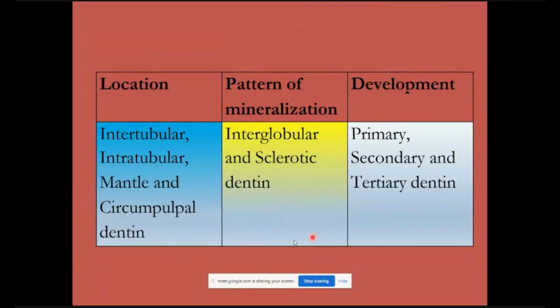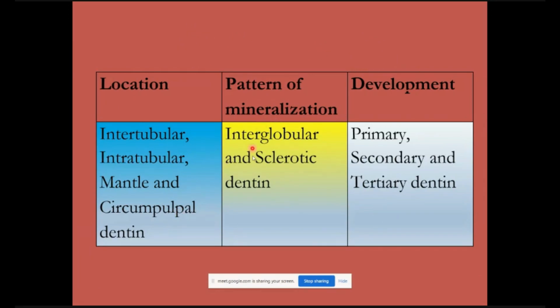Okay, so just a quick summary of whatever we discussed till now: the different types of dentin based on the location. Intertubular and intratubular dentin, that is between the tubules and within the tubule. Mantle and circumpulpal dentin. Mantle is present closer to the dentinoenamel junction and circumpulpal is around the pulp.